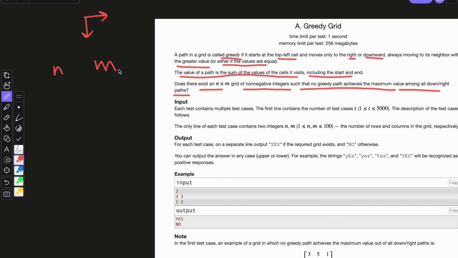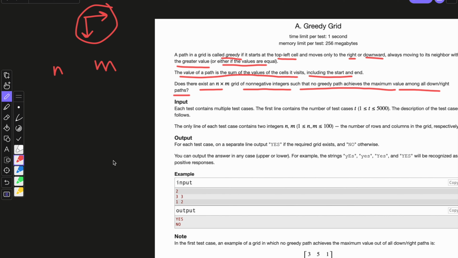We have to get the maximum sum and we have to move in the direction where it is the greater element, right? So we have to tell that if we follow this greedy strategy, does there exist any 2D array that does not give us the optimal answer.